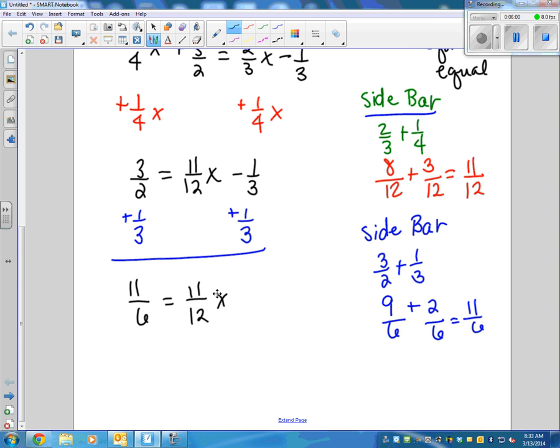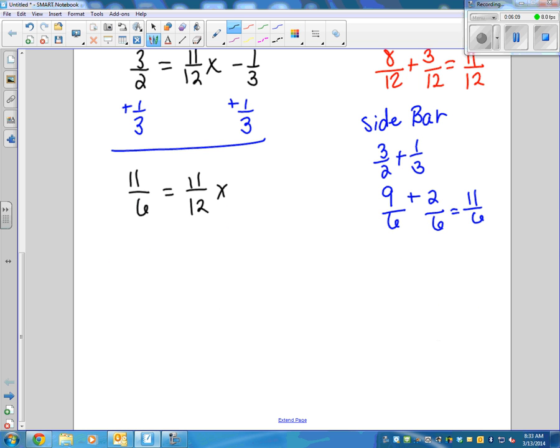So what I have now is 11 over 6 equals 11/12 x. Now, how do I divide by a fraction? I have to do the reciprocal, right? Flip, flip. That's right. We're flipping. So now I'm going to multiply both sides by 12 over 11. Good job. Now, if I do that, I'm going to get x by itself on this side.